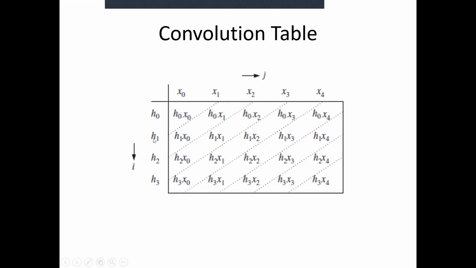Let's go to the second row. In the second row, we multiply H1 by all the coefficients of X again: H1X0, X1, X2, X3, and X4. The same thing for the other 2 coefficients of H, which are H2 and H3. And in this way, the convolution table is constructed simply and easily.